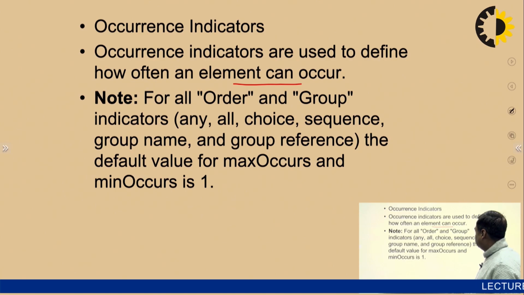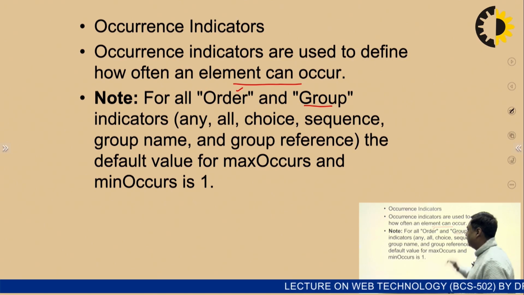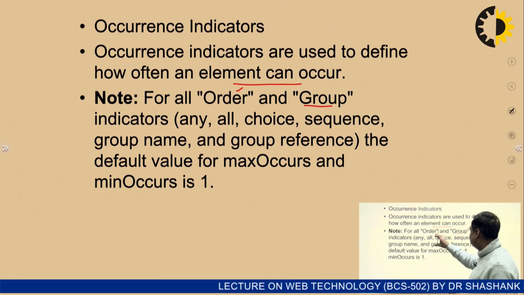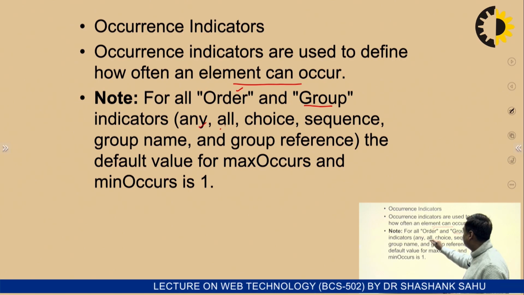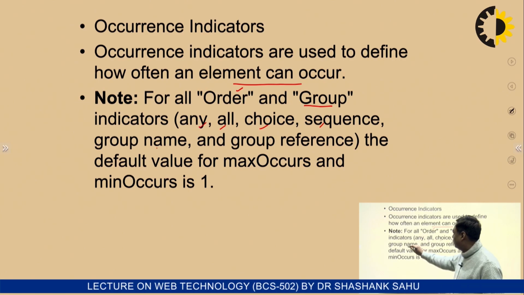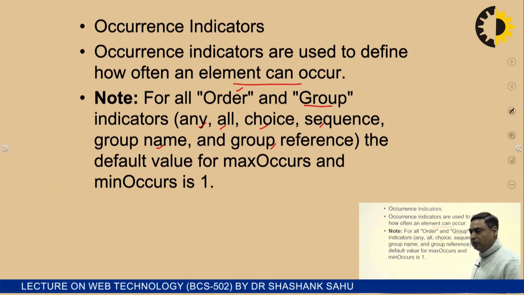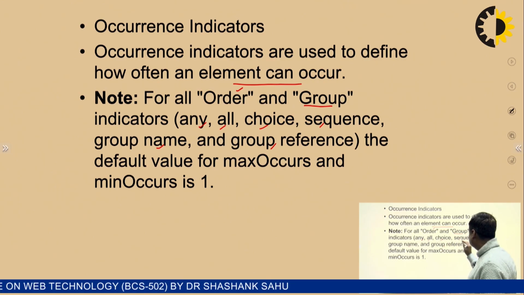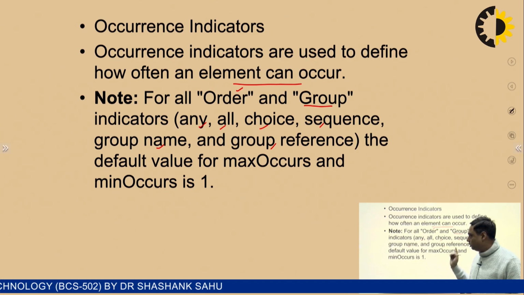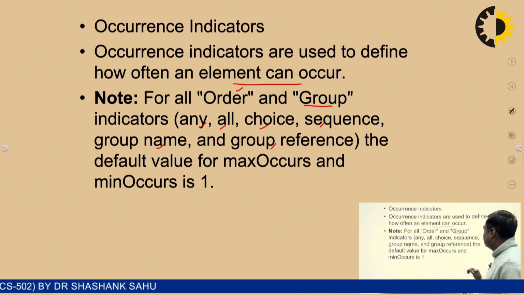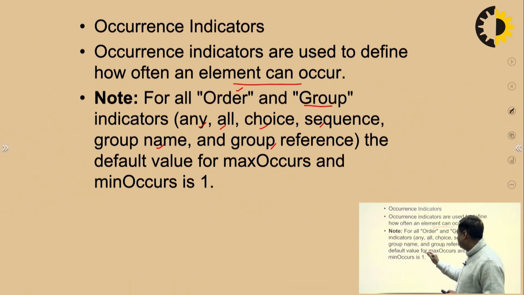Now, we recently learned the order indicators, and in the coming slides we will learn about the group indicators. These order and group indicators are any, all, choice, sequence, group name and group reference. We have already learned all, choice and sequence. For the any indicator we will learn in the coming slides. This note suggests that when we are using the order and group indicators, the default values for max occurs and min occurs are set to 1.